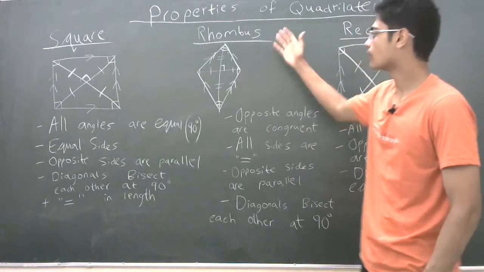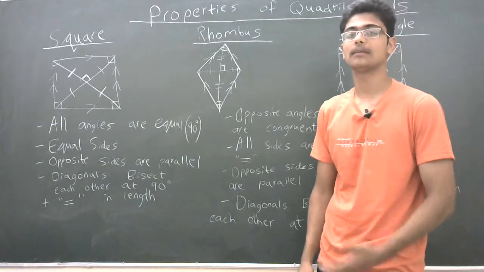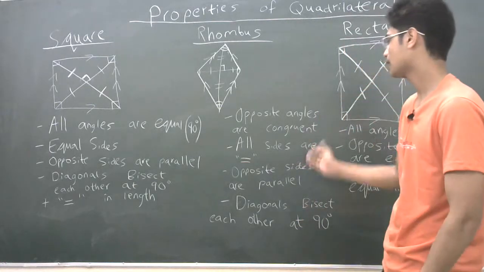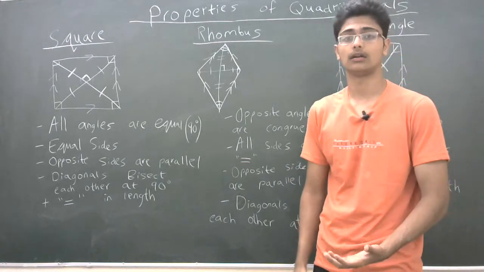Now moving on to the rhombus, we have, again, like the square, a rhombus has sides that are of equal length, and so its opposite sides are also parallel.